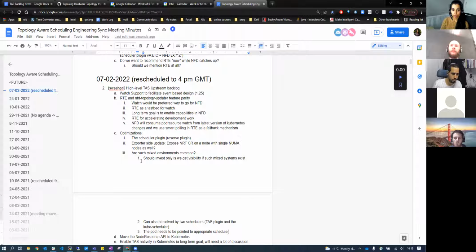Currently, it does not. If you have a system with only a single NUMA node, you don't get the resource information populated. Only if there are multi-NUMA nodes in the system do we expose all the available resources and things like that. Again, I haven't tested it myself, but that's my understanding.